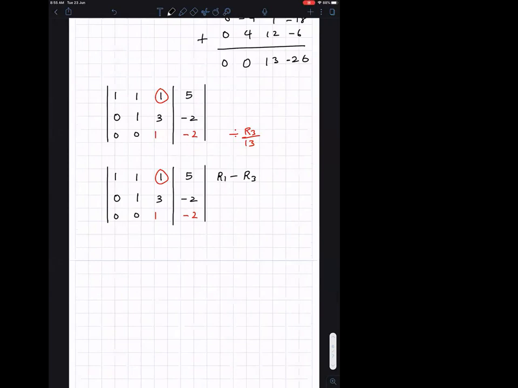So R1, 1, 1, 1, 5, minus R3, 0, 0, 1, minus 2. Subtract, and you get 1, 1, 0, 7.